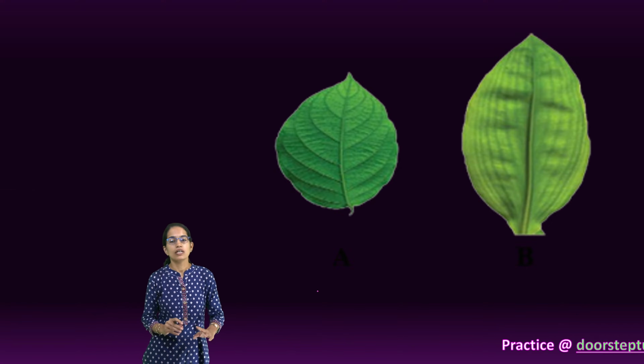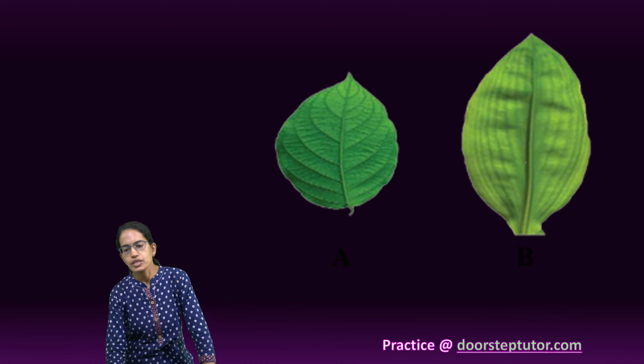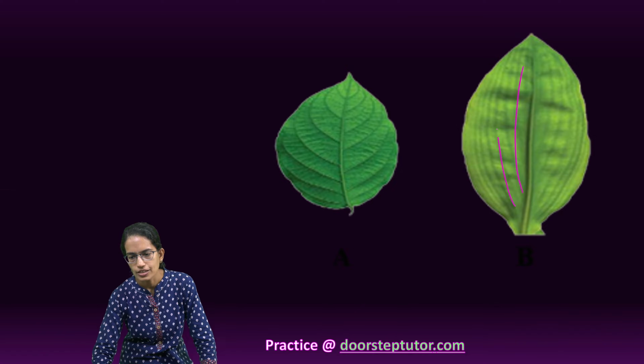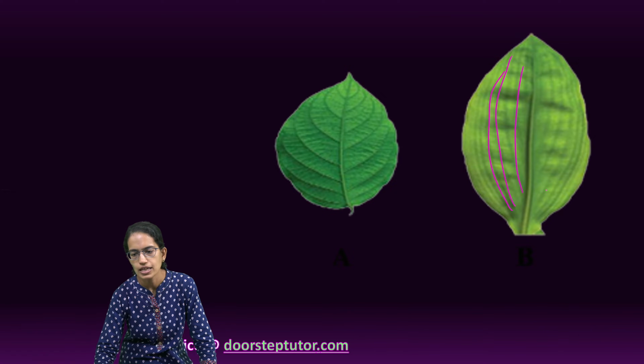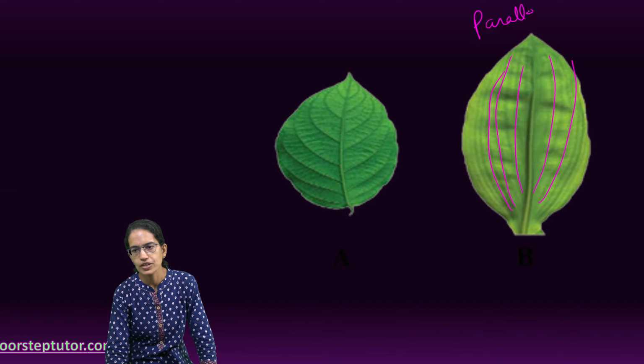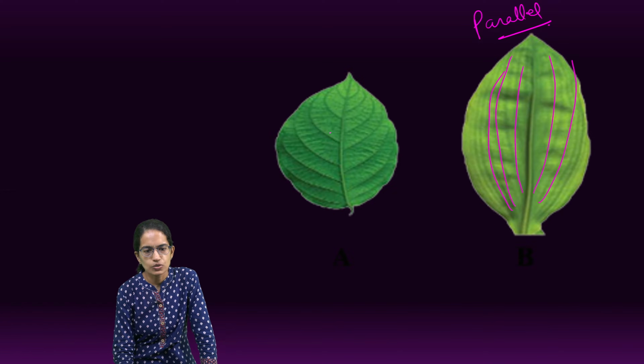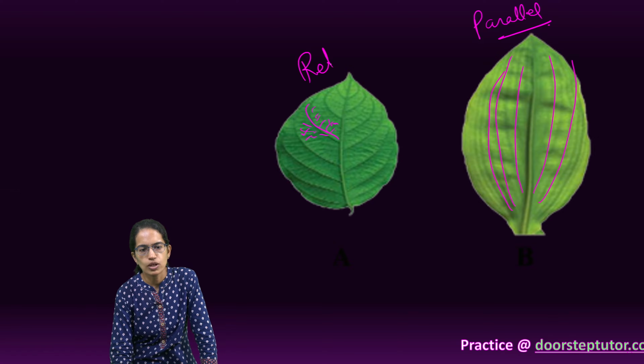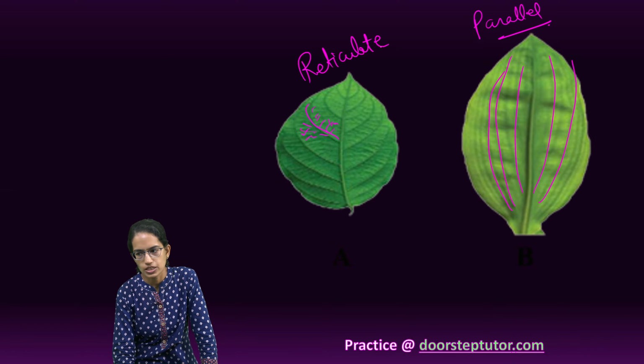Then comes the venation. Now there can be parallel venation. As you can see here, all the veins are running parallel. We call this parallel venation. The other venation, as you can see, is broken somewhere and then broken again. So it does not have a fixed pattern. It mixes, merges, and we call it reticulate venation.